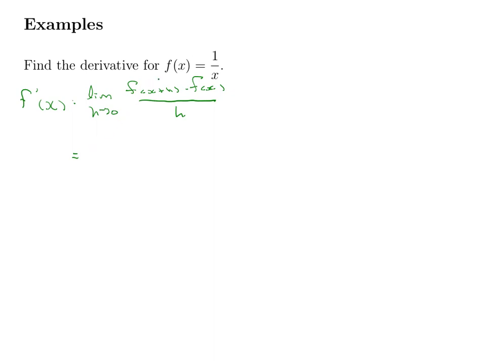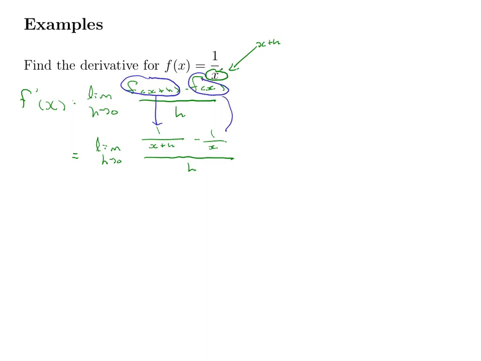Whenever we're looking at f of x plus h, that's literally just taking x and putting x plus h into there. So we're going to have a limit as h goes to 0 of 1 over x plus h minus 1 over x, over h. Here's our x plus h function. There's our regular function. So this matches up with that, and this matches up with that.